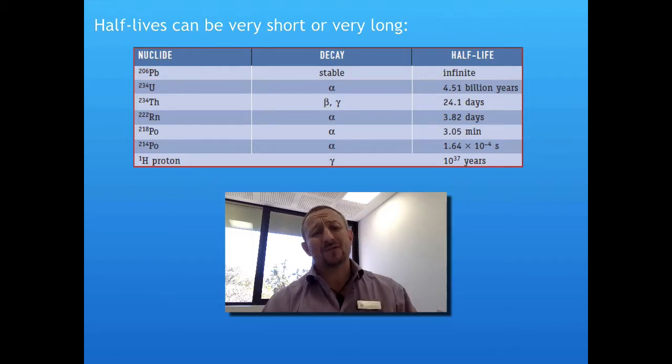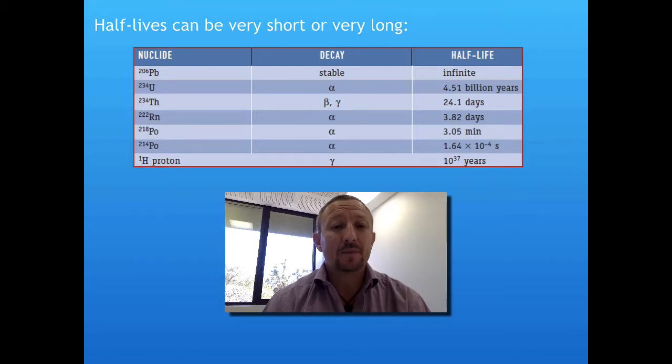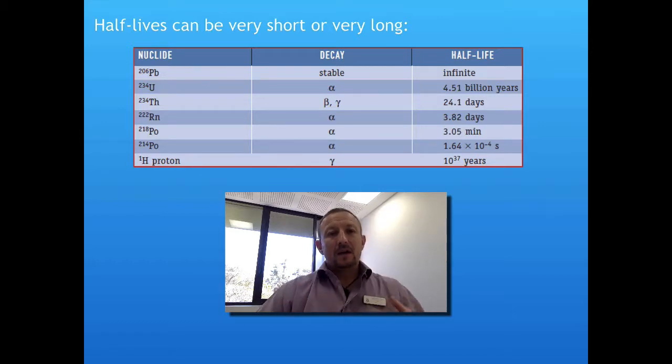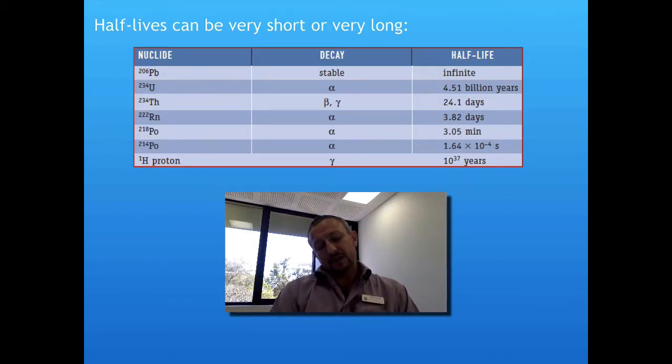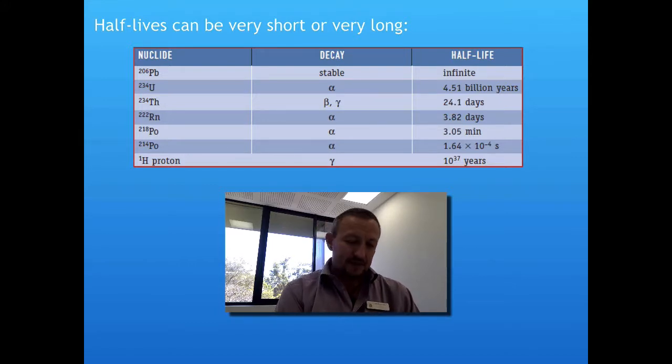So it breaks down really, really quickly. And finally, we've got a proton there, which takes 10 to the 37 years in order to break down. It's a phenomenal amount of time. Again, very, very stable.